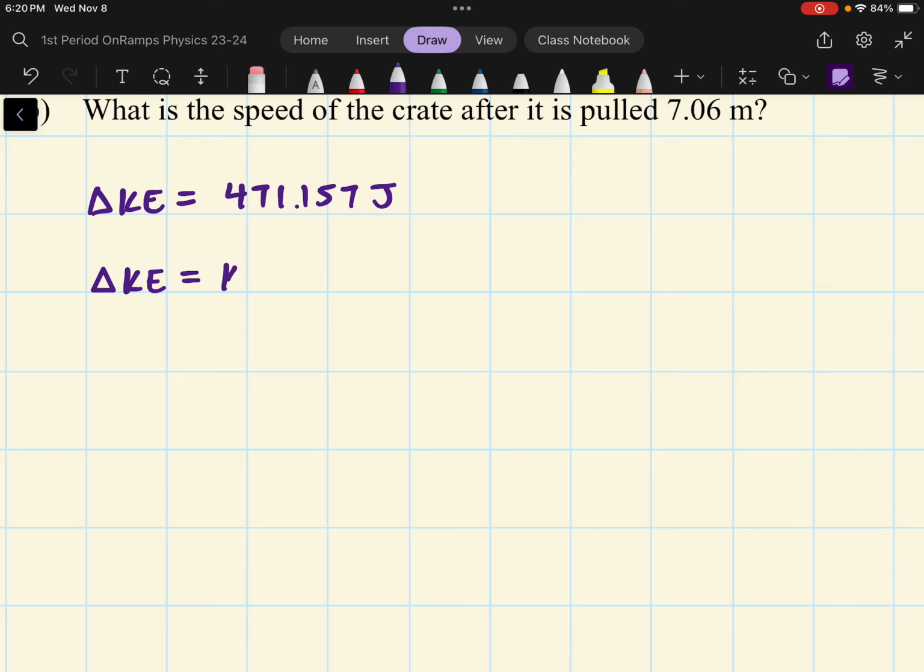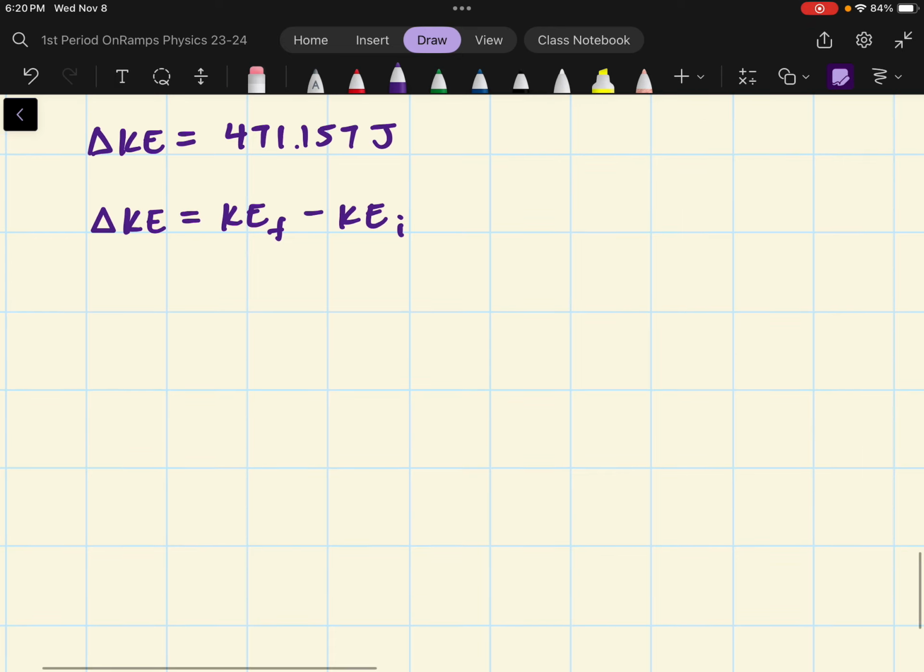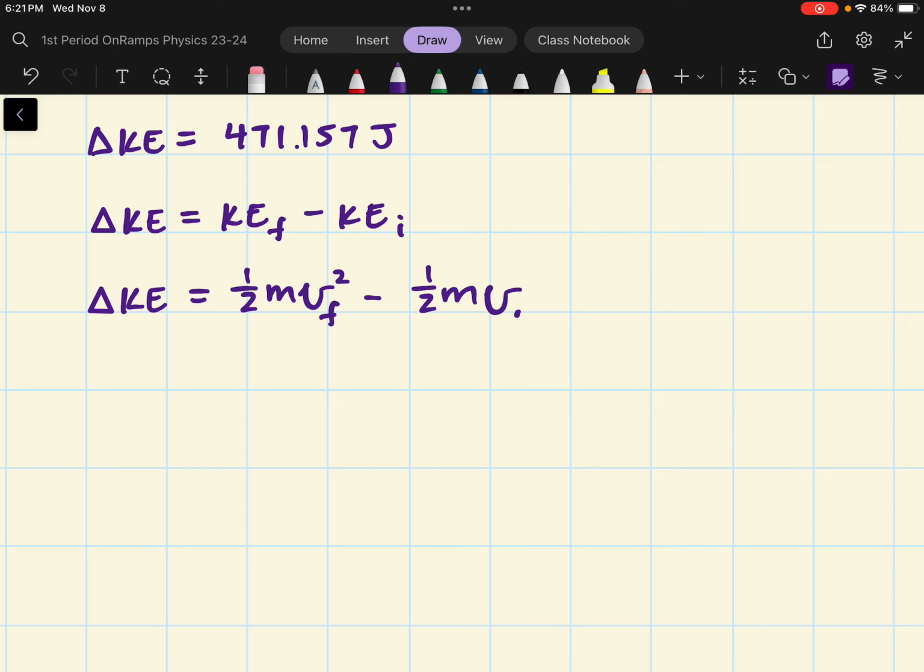Well, the change in kinetic energy is just the kinetic energy final minus kinetic energy initial. If we use the formula for kinetic energy, we'll have that the change in kinetic energy is equal to 1/2 times the mass times the velocity final squared minus 1/2 times the mass times the velocity initial squared.